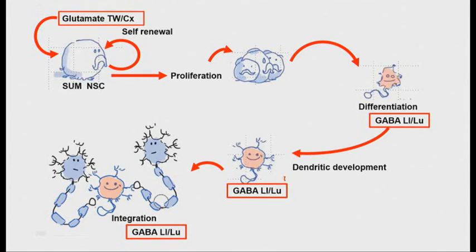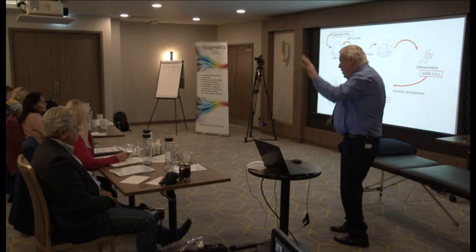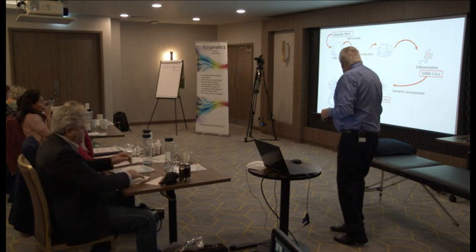So if we've got a large intestine problem or possibly even a lung problem, we're not going to differentiate. The dendritic development then occurs when we make all the feelers that come out to make contact with the other cells, and the final part is the integration, which again needs GABA to join the new boy in with the old ones. So that's the integration part.